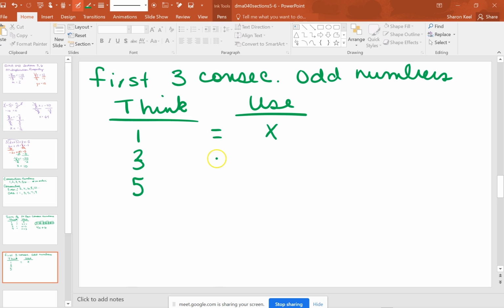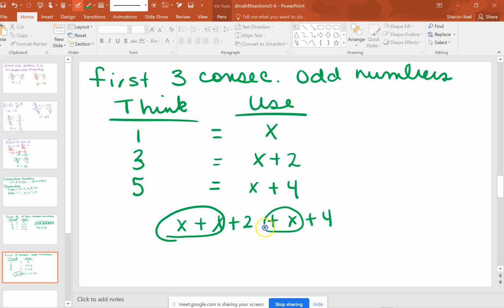I'm using x for the smaller value. Plus what is 3? x plus 2. If x is 1, 1 plus 4 is what would give us 5. So if I'm adding these together, I'm going to use these for my formula: x plus x plus 2 plus x plus 4. So I have 3 x's, and then a 2 plus 4. That would give me a 6.